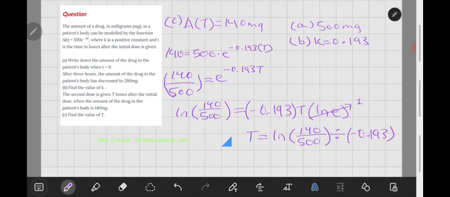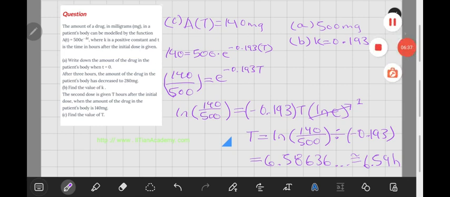And if you substitute this into your calculator, you will get a lengthy answer of 6.58636, which we just round to be approximately 6.59 hours. Okay, and that is your answer for the value of t, the amount of time after the drug has been administered for it to have reached 140 milligrams.